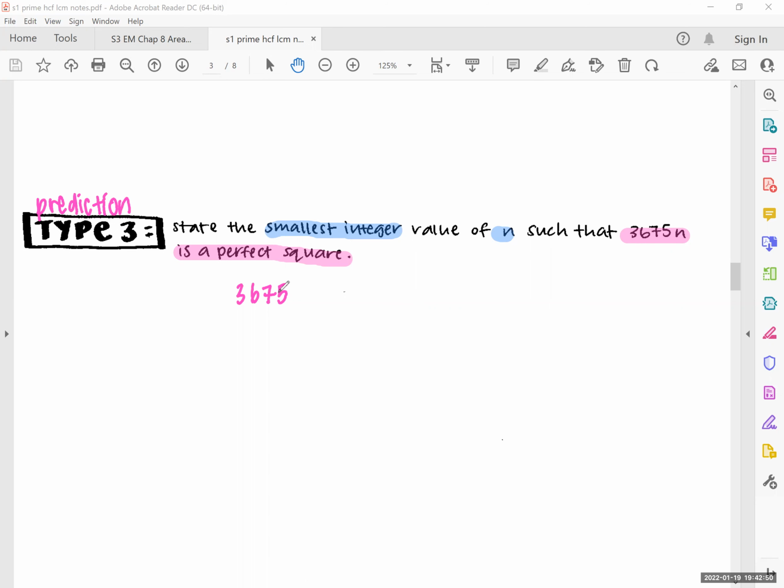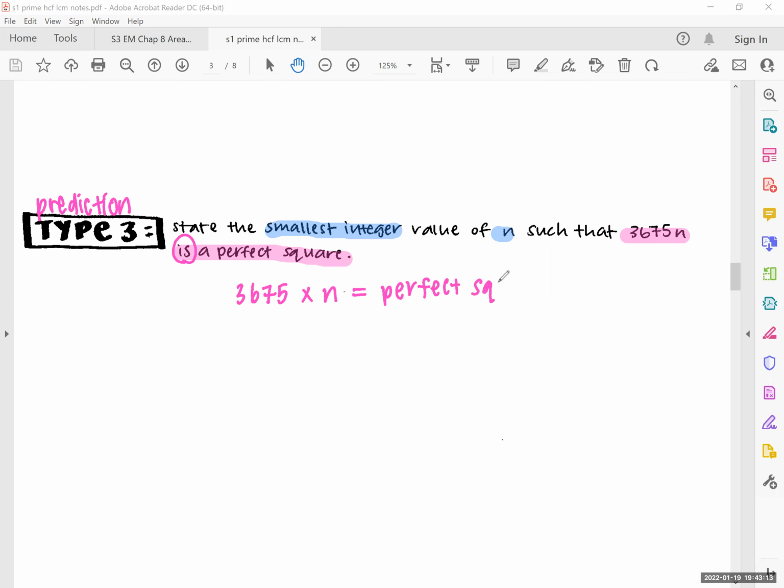What sign is it? 3675 times n, yes. Next, can you see the word is? Is what symbol? Yes, equal. So use is as equal. Now, can you see perfect square? So I'll just write down perfect square first.